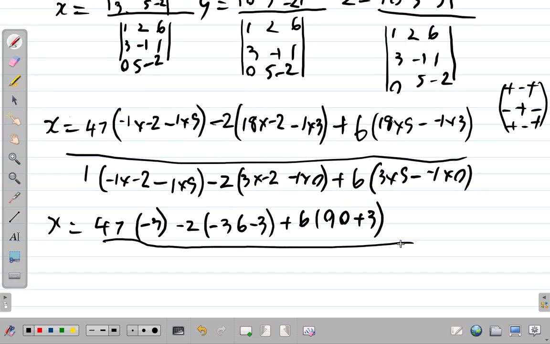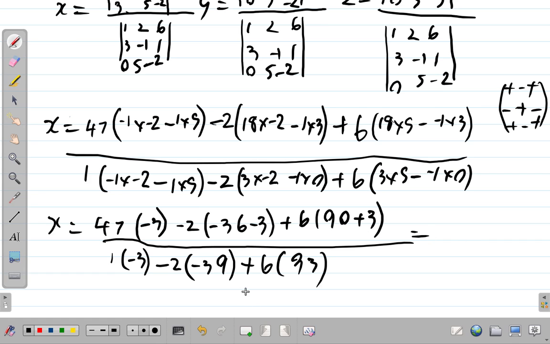All over what now? 1 times -1 by -2 is positive 2 minus 5. 2 minus 5 is -3. So we're going to have a -3 here. Minus 2 times -36 minus 3. That's -39, okay, plus 6 times 93. What does this work out to now?